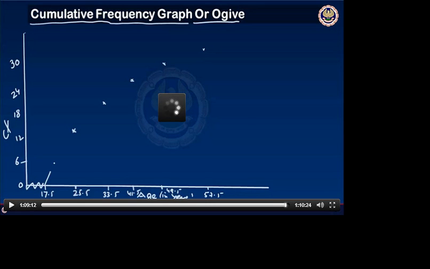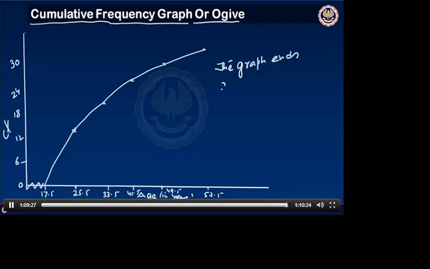So the graph ends at the upper boundary of the last class.